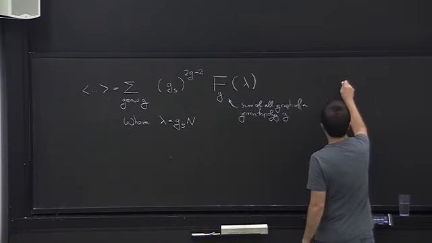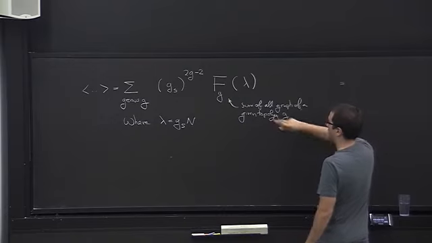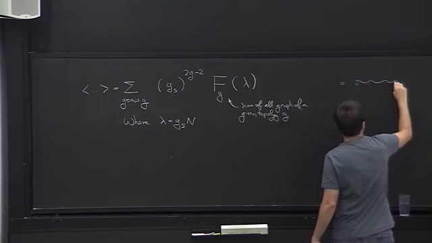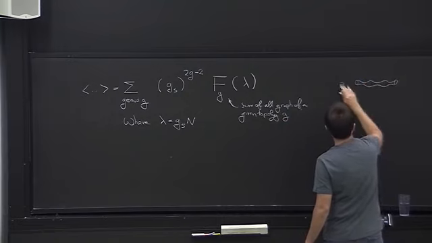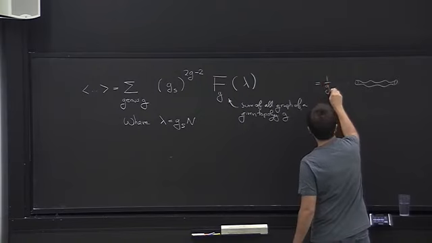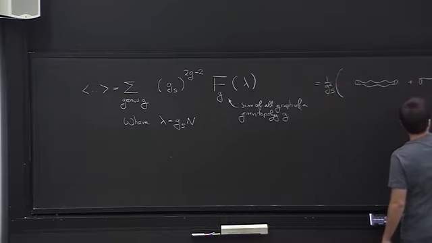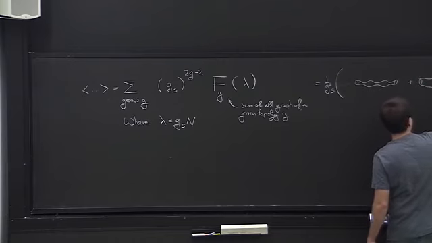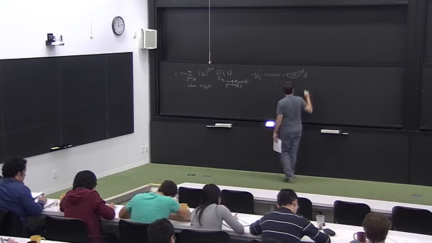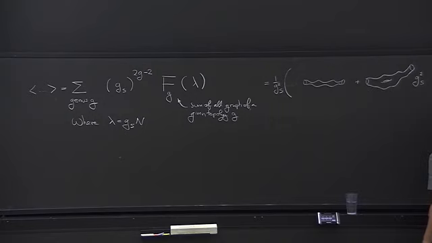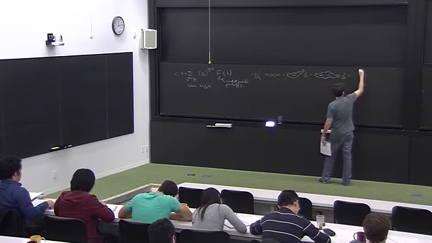So what we have is some overall normalization, 1 over G string squared, and then we have planar graphs plus some graph with one handle times G string squared plus some guy with two handles times G string to the 4 plus dot dot dot.